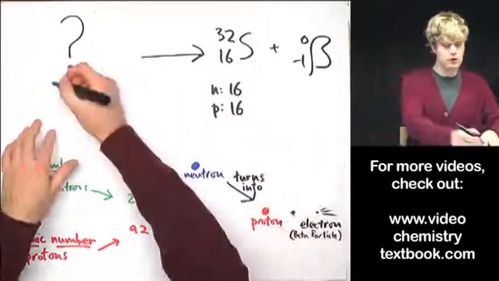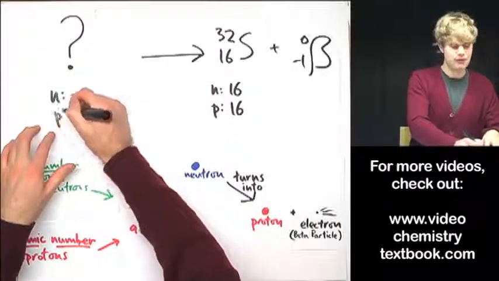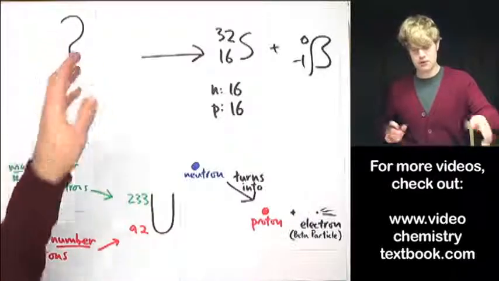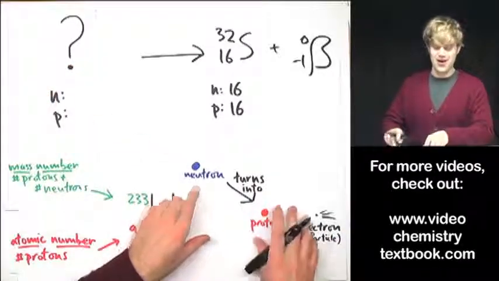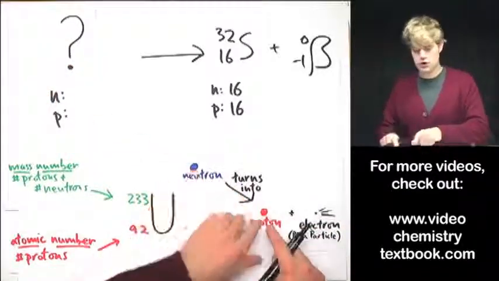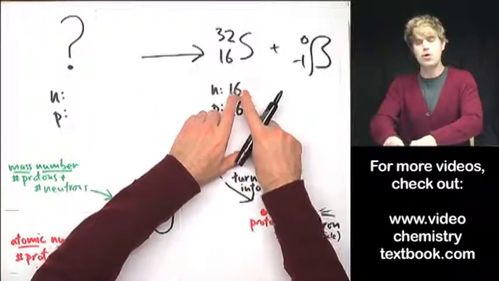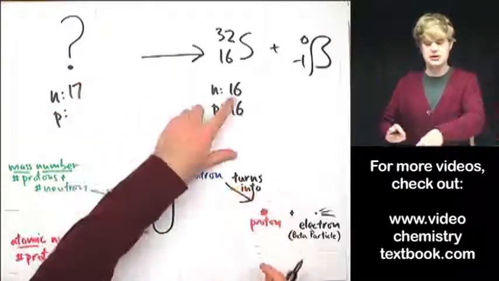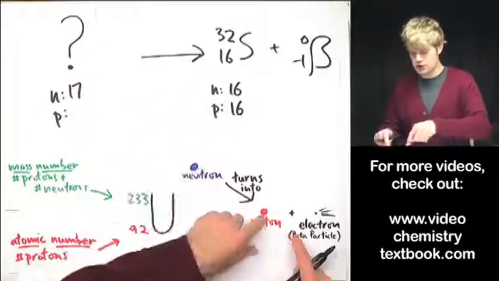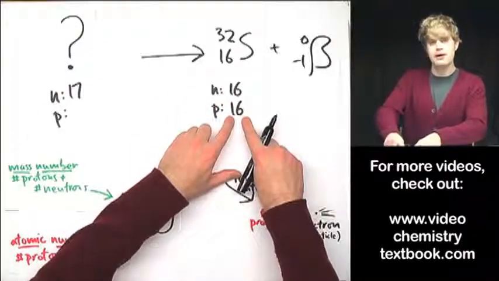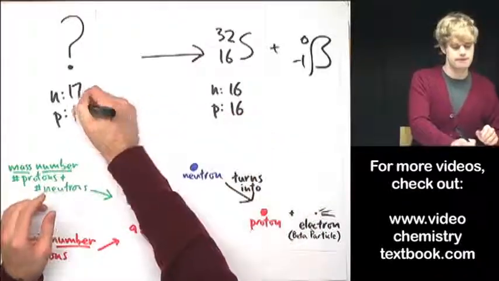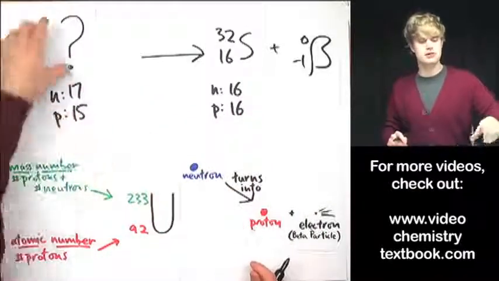So, what did we have before the beta decay happened? Well, again, in beta decay, a neutron turned into a proton. So before beta decay happened, we had one more neutron. So I had 17 neutrons. And since this neutron turned into a proton, before beta decay, I had one fewer proton. So I had 15 protons over here.